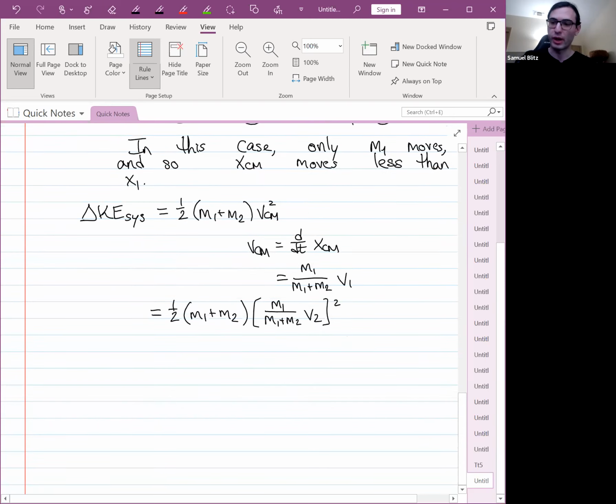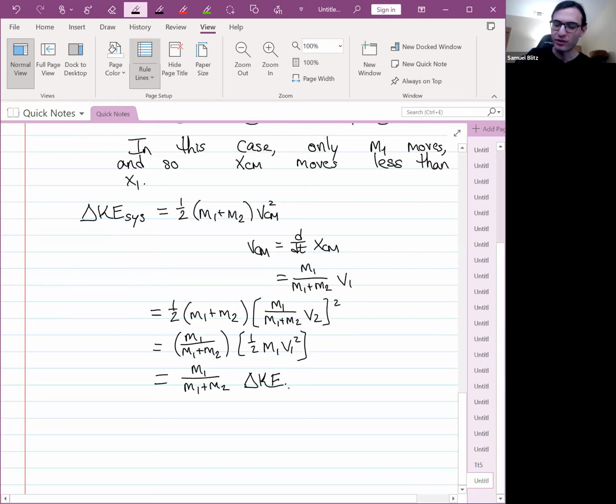We can rearrange and distribute, and we get that this is m1 divided by m1 plus m2 times 1/2 m1 v1 squared. Now, if you look at this term, that is the kinetic energy that you would expect of just mass 1. So this is a factor times the change in kinetic energy of mass 1. And if you look at this factor, m1 is smaller than m1 plus m2.